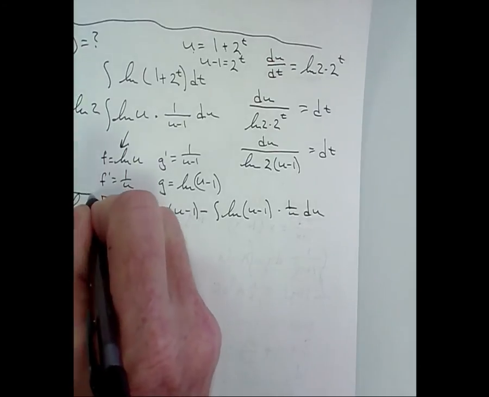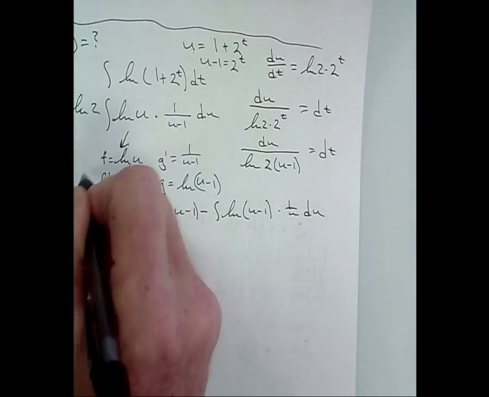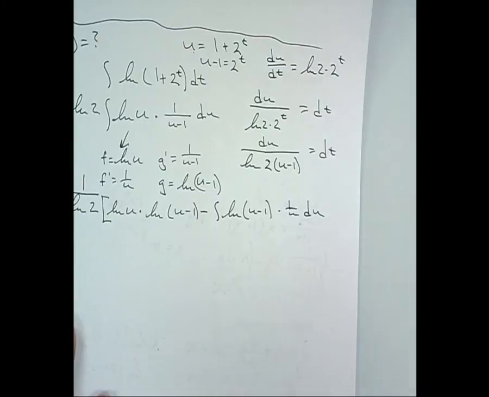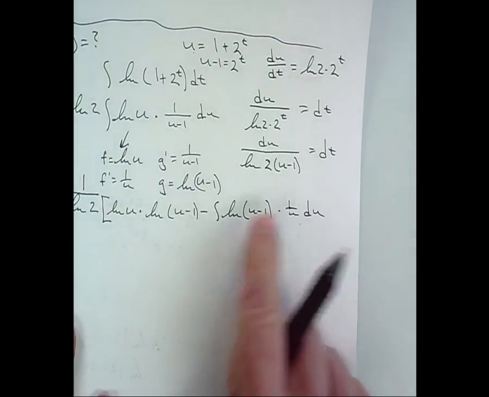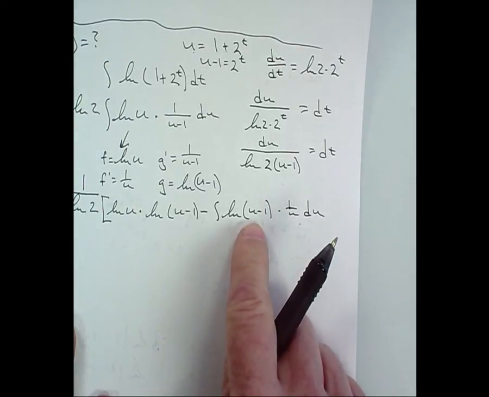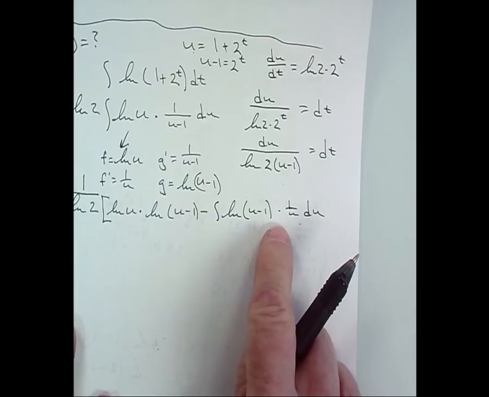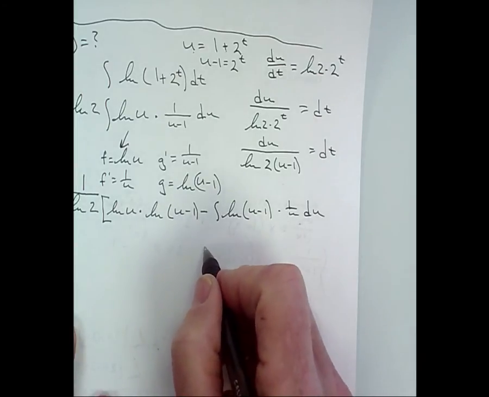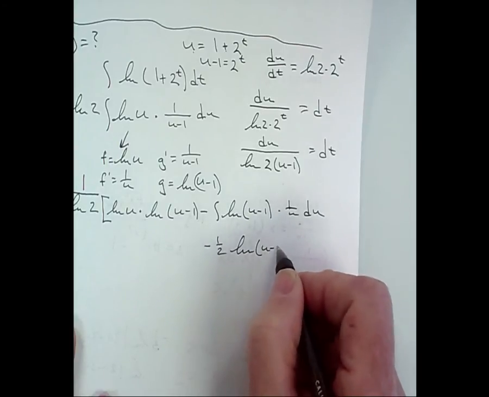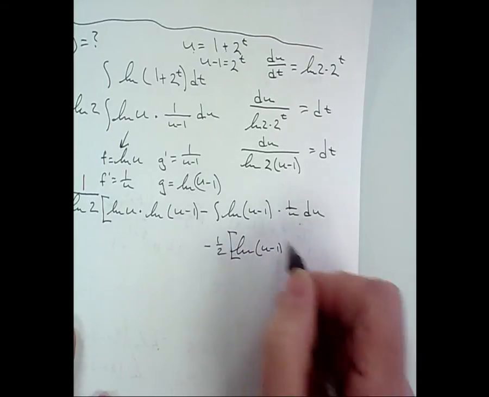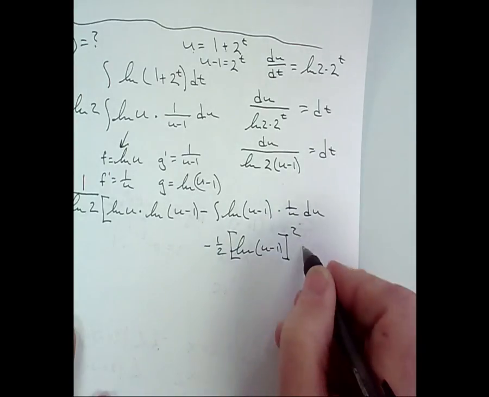Right here? Yep. Thank you. Okay. The 1 over u is the derivative of this, correct? So I can figure out the antiderivative of this. This is going to be minus 1/2 the ln of u minus 1 squared plus c.